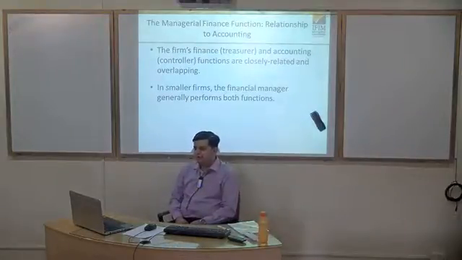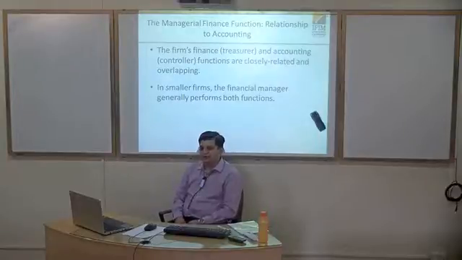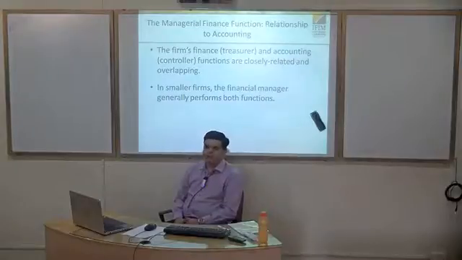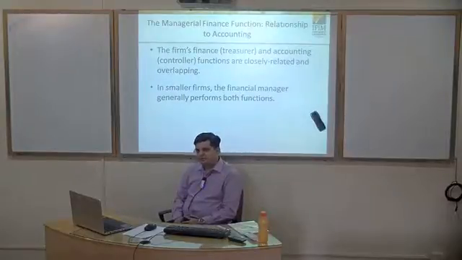Then we have treasurer and controller. This is more into the kind of controlling functions that we spoke about earlier. Finance controller and treasurer are closely related or overlapping. As I said, in a smaller firm, one person will run around for everything, taking care of accounting, auditing, sourcing of funds, investments, all the stuff.